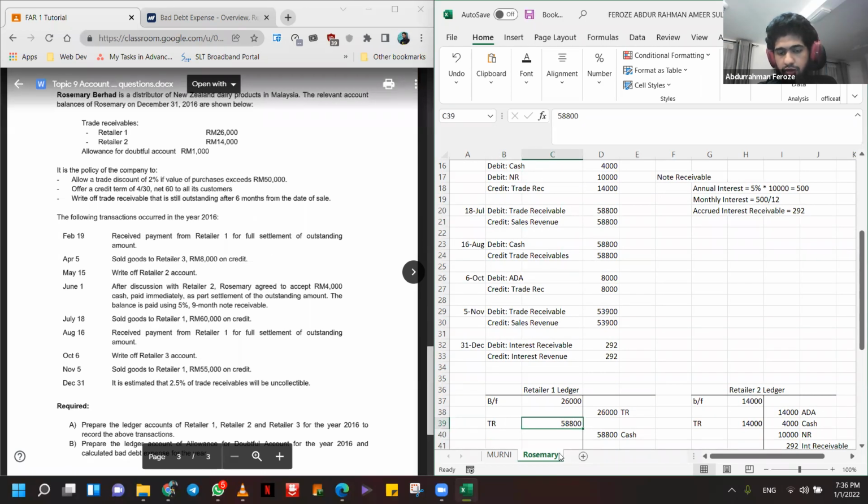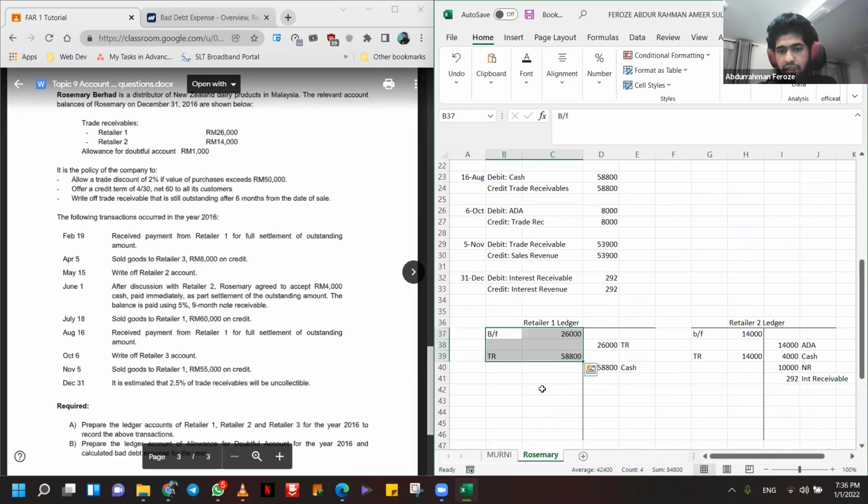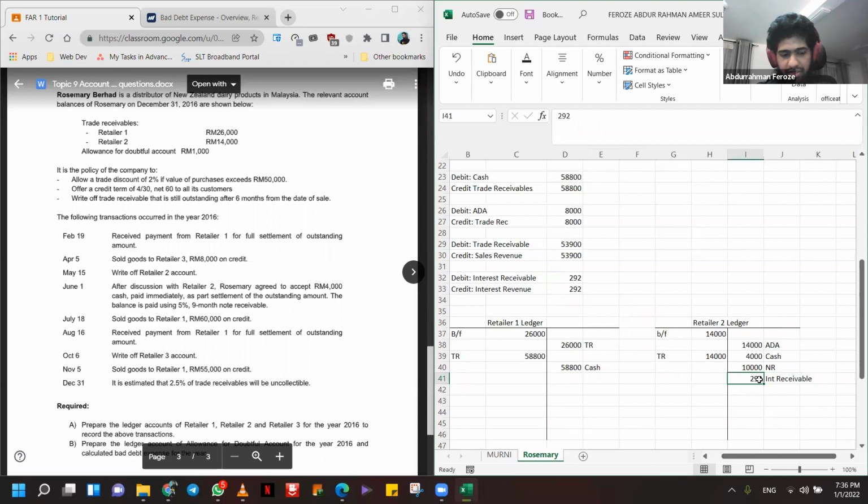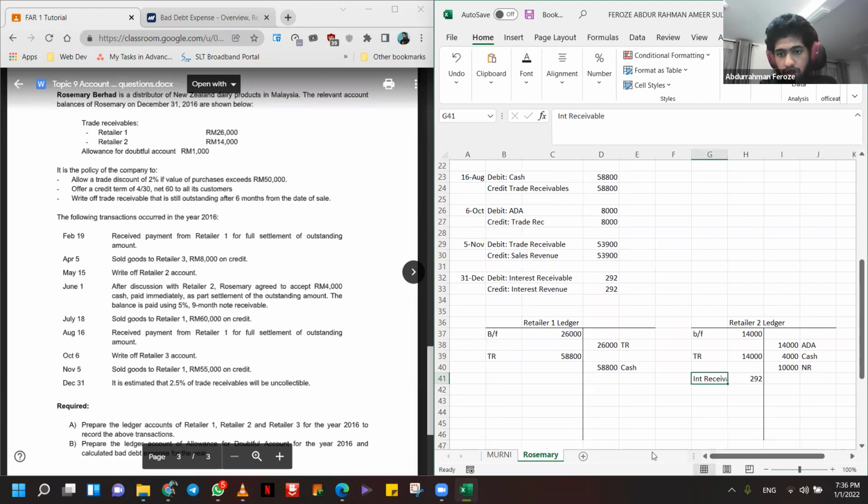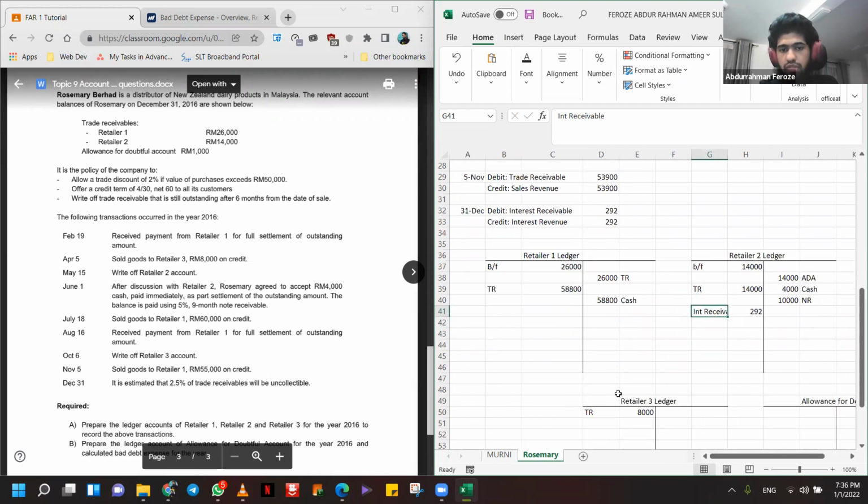The left side is the amount that they owe us, and here is when they make the payments. Yeah, this is actually incorrect. Wait, sorry, this should go here. But this is the amount that they owe us at the end of the day. It's an accrued revenue, essentially speaking.